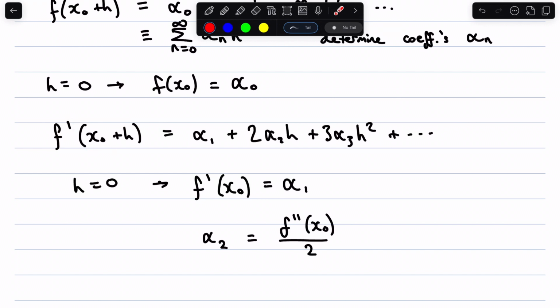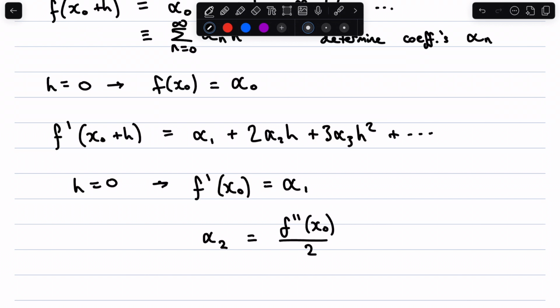And then when we set all our h's to 0, remember we'd have differentiated this one away, we'll just have that alpha 2 times 2 is equal to f double prime of x0, and so alpha 2 is f double prime of x0 divided by 2.